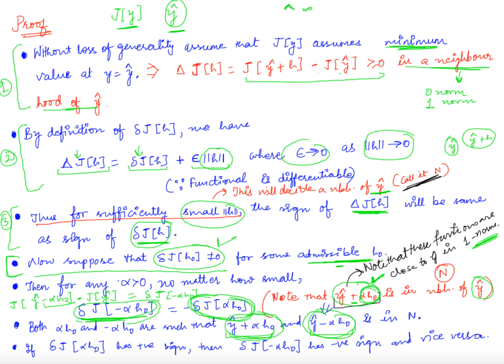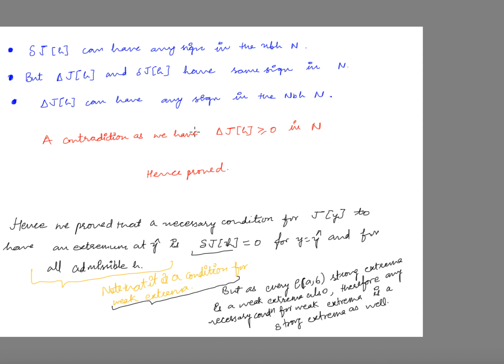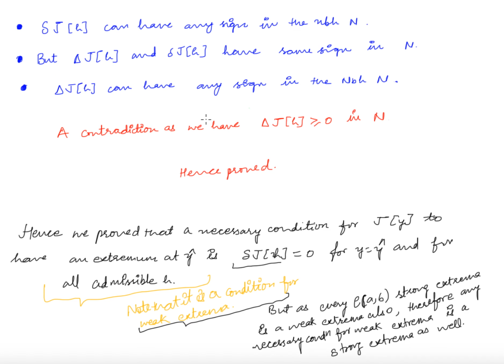So let us move to the next now. What we have seen is that this variation can have any sign in the neighborhood N. Also, in this neighborhood N, the increment in the functional and the variation of the functional have the same sign.